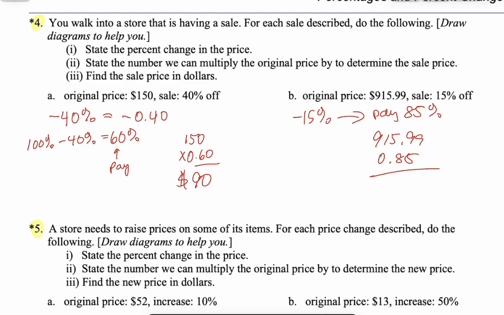And because it's money, it is customary that they're going to round up. They don't even usually round to the nearest penny. They do usually round up, but I'm going to do just rounding to the nearest penny. And I get $778.59. And that would be the price that I would end up paying.